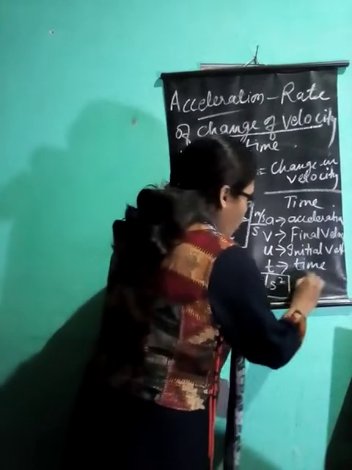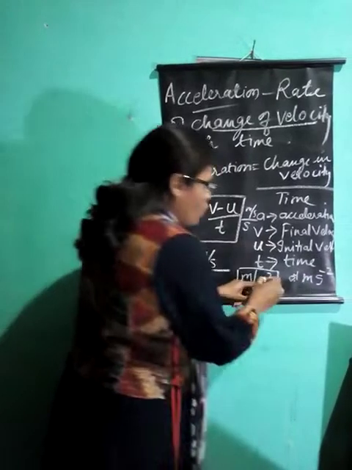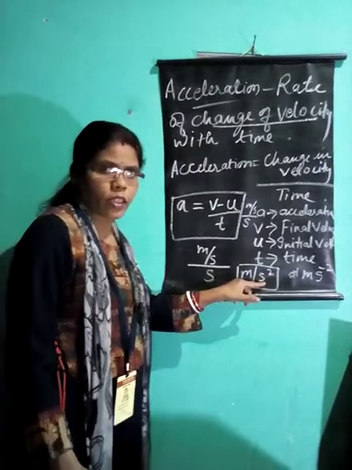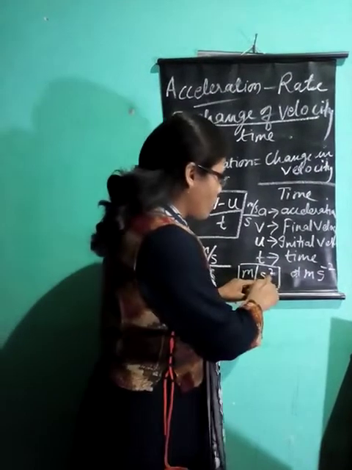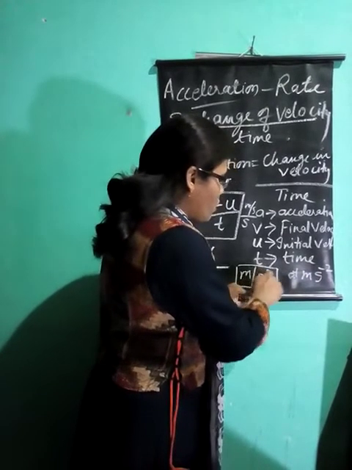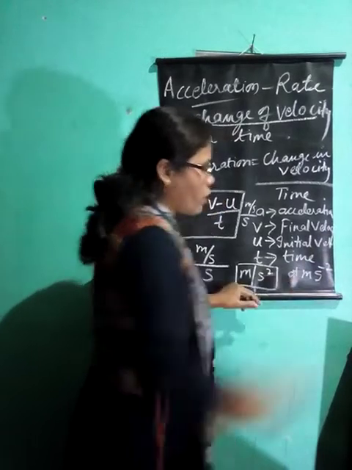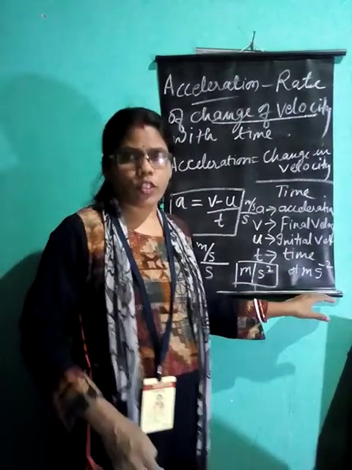It is also written as m s raised to the power minus 2, because you have studied powers and exponents in maths. This is for acceleration.